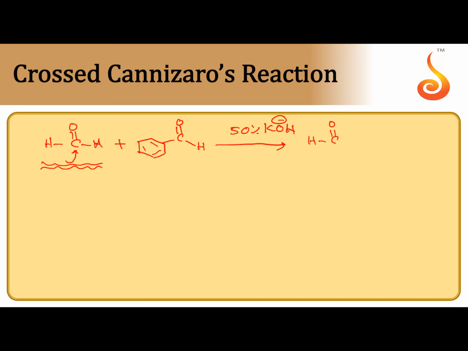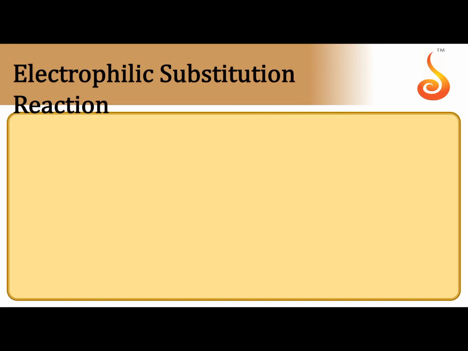So formaldehyde undergoes oxidation. The oxidized product is formic acid, but that undergoes neutralization with KOH, forming potassium formate. Then the other aldehyde undergoes reduction. So now we can get benzyl alcohol. So this type of reaction is called crossed Cannizzaro reaction.